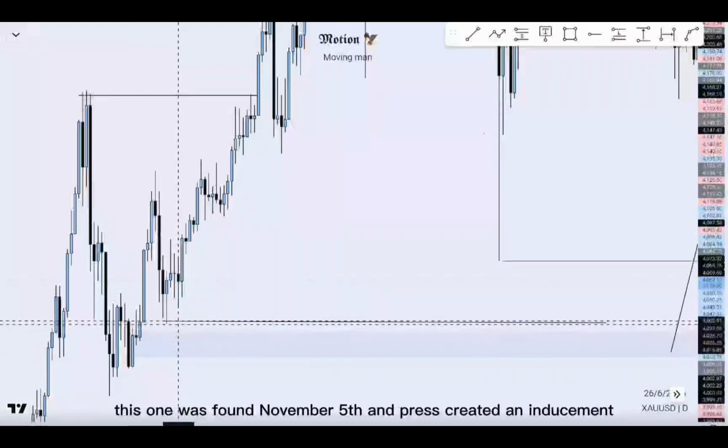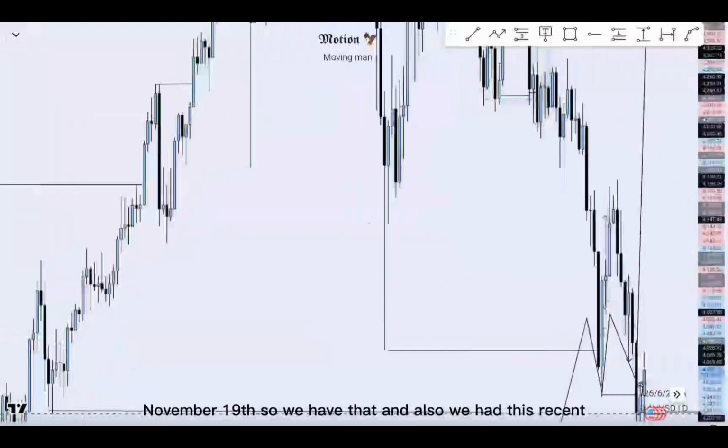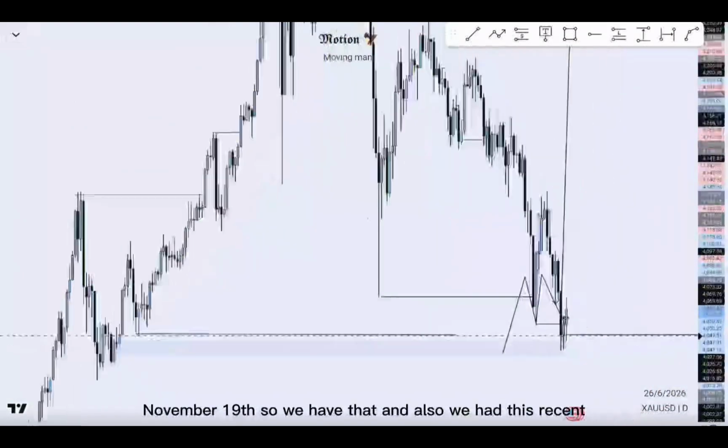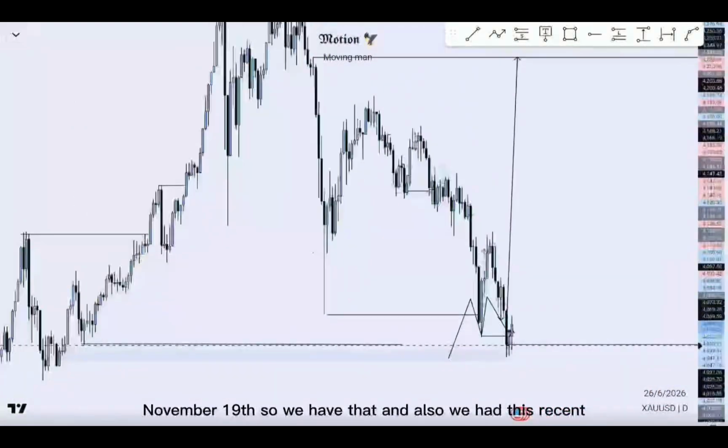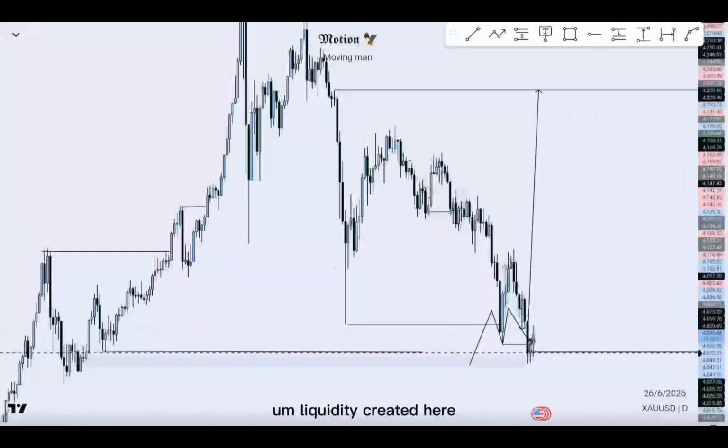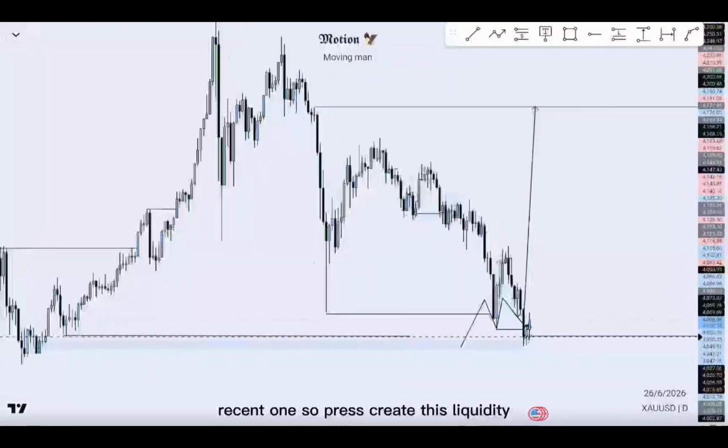So we have that, and also we had this recent liquidity created here. Recent one. So price created this liquidity.